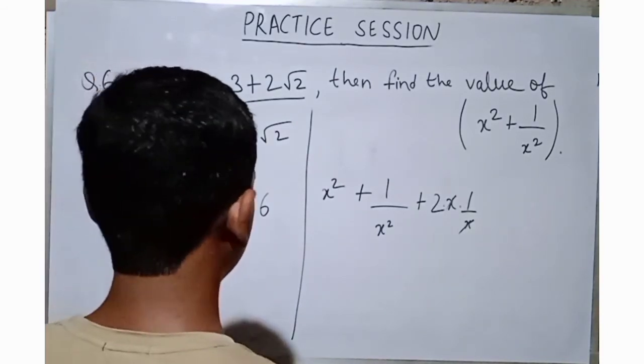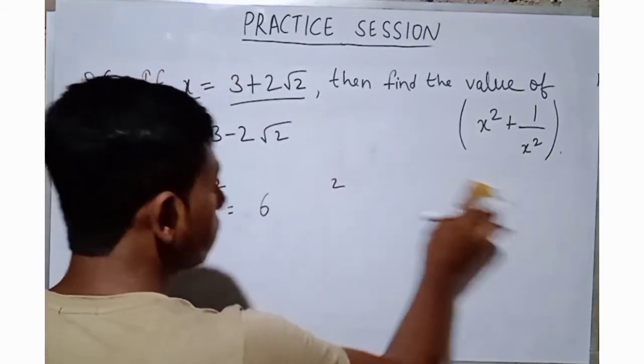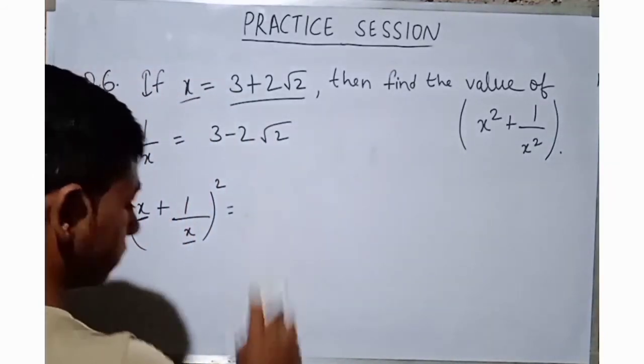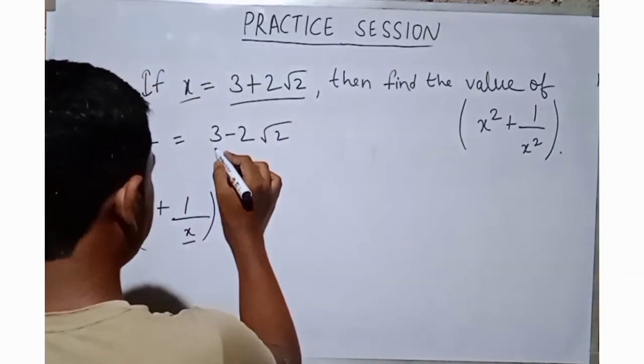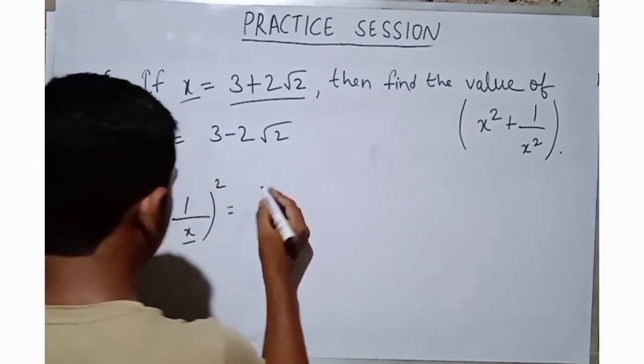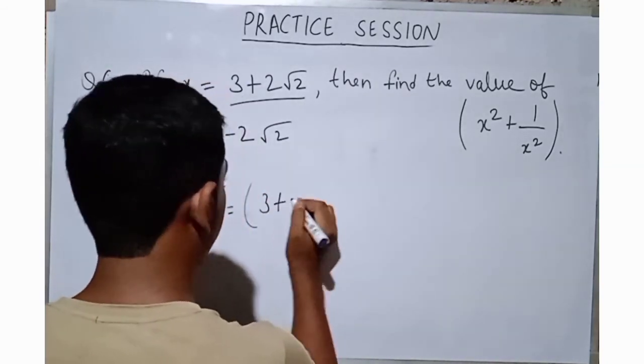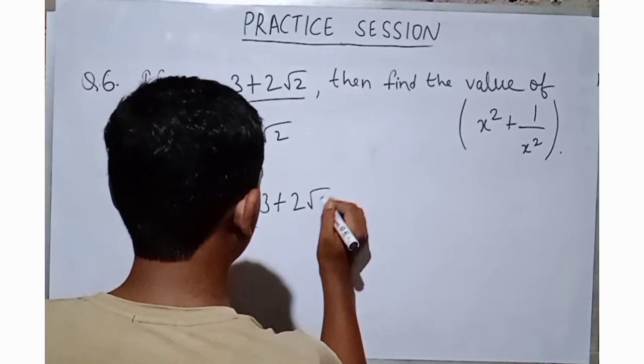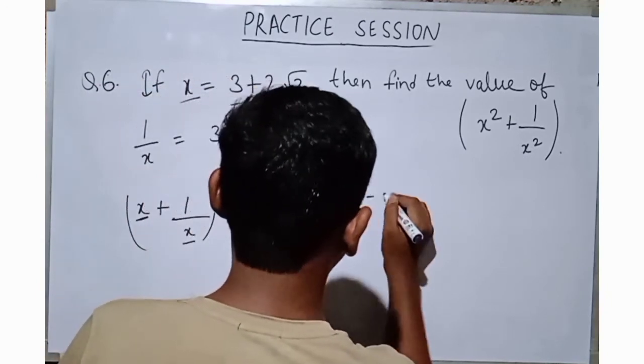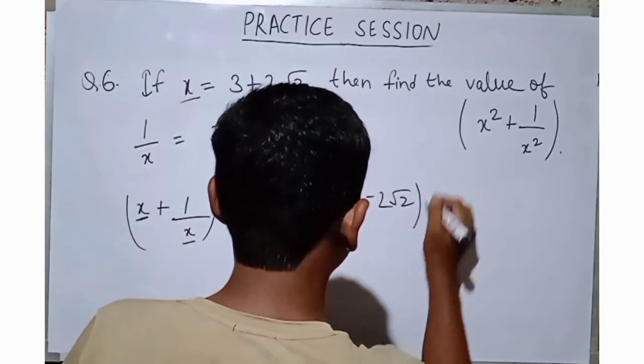Sorry, I think I have made a mistake, very sorry for that. It is x plus 1 by x whole square. I had forgotten this. So plus 3 minus 2 root 2 whole square it will be.